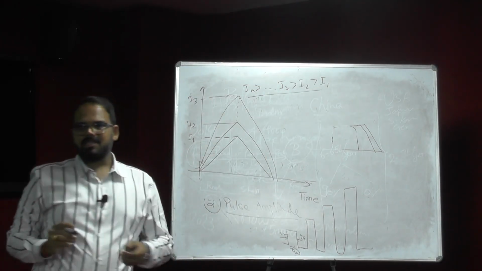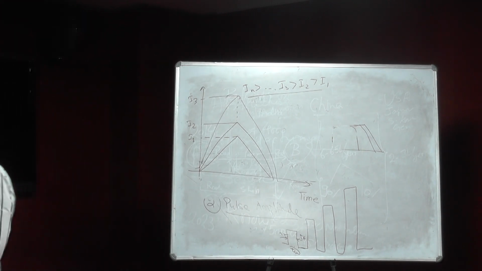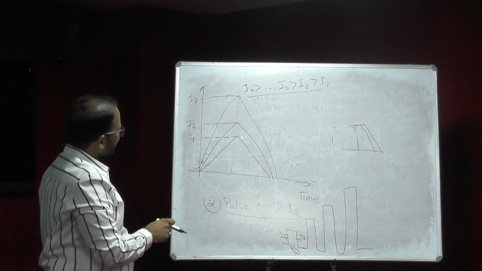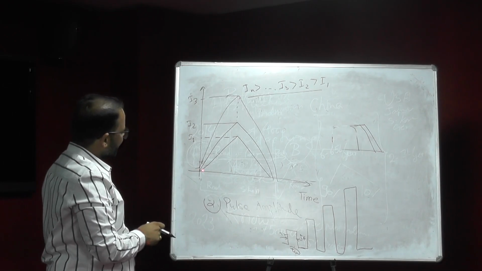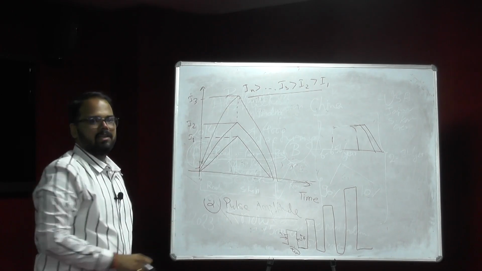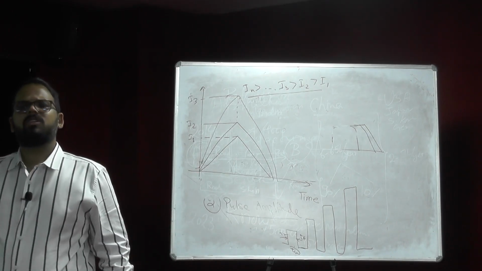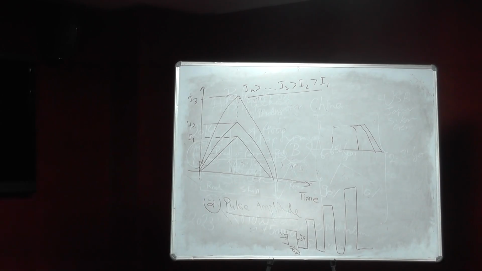This is the magnitude by which we are enhancing from 0.7 microampere to 32 microampere systematically, and at each state the rise and fall are constant. So it's a kind of DC measurement to have control on that.